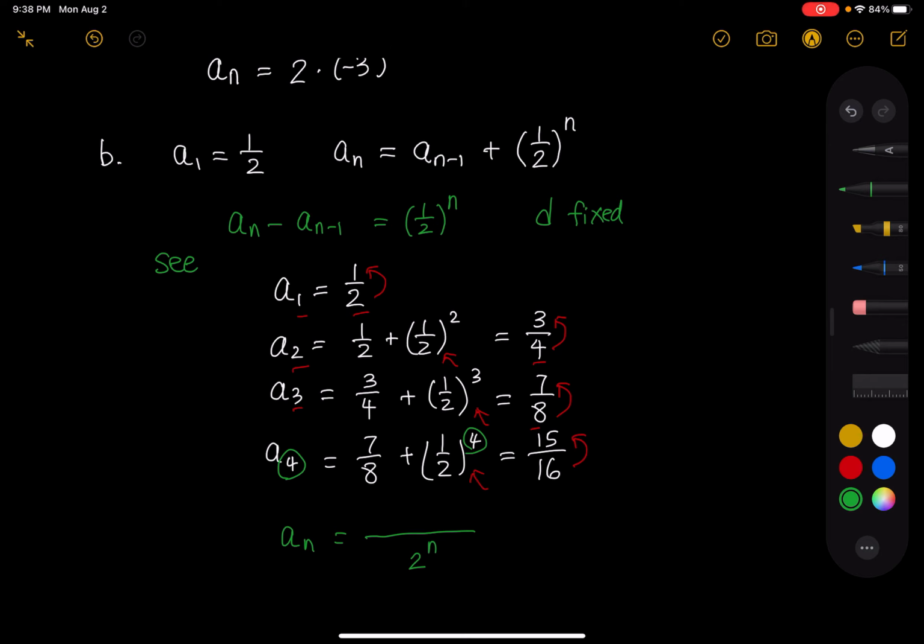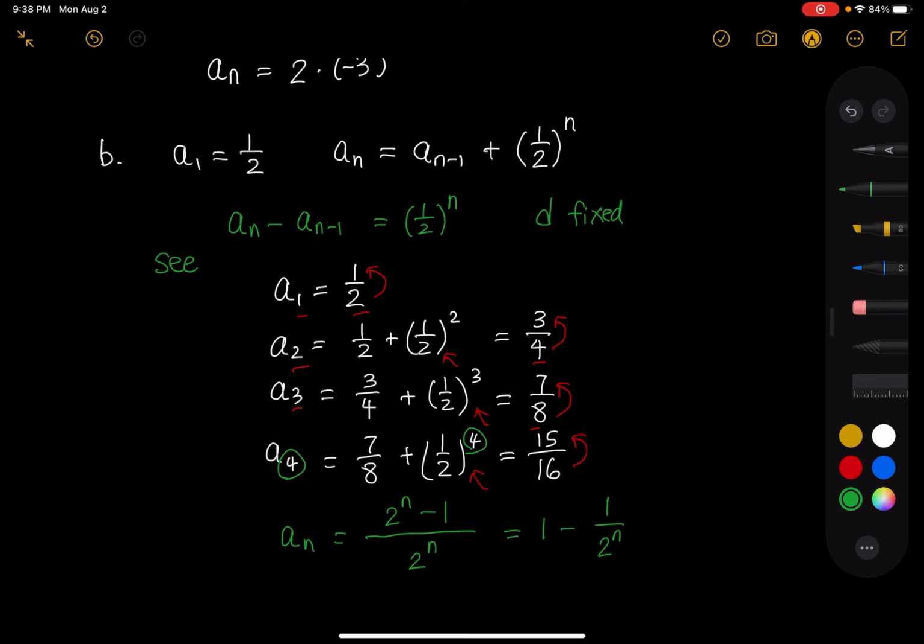And the numerator, we already know, is 1 less than the denominator. That will be our formula for a_n. And you can simplify it if you want: 1 minus 1/2 to the nth power.